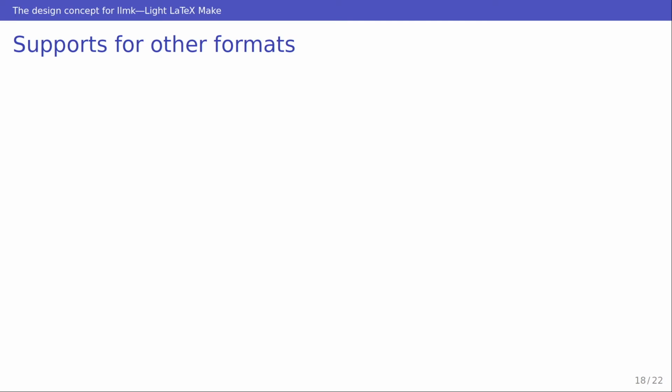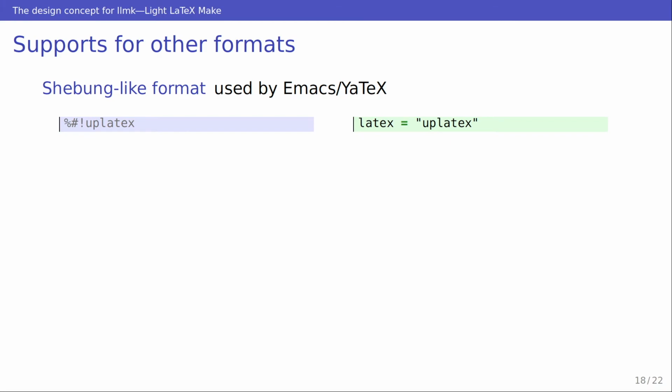There are a few existing formats that allow us to describe the workflow of the TeX documents in the text file, and I want to support them as well in llmk. The first one is the shebang-like format, which is used by Emacs LaTeX.